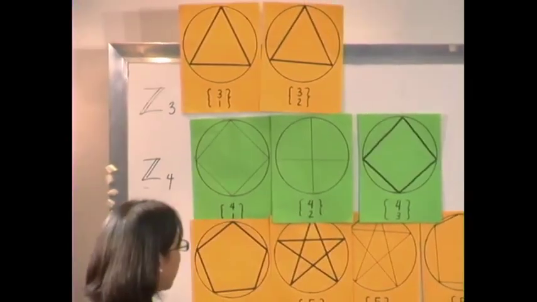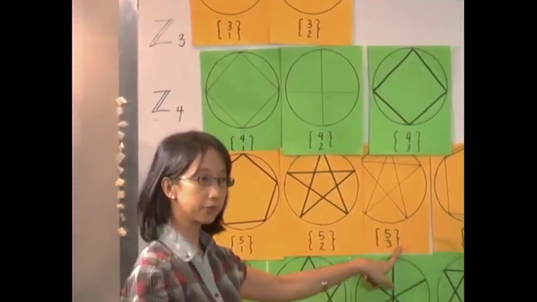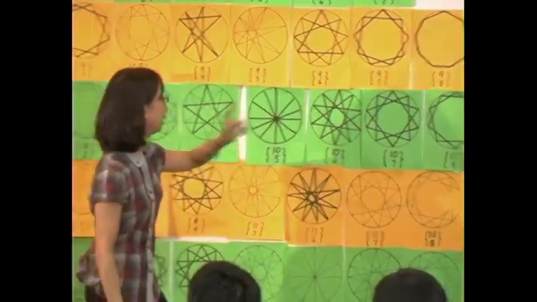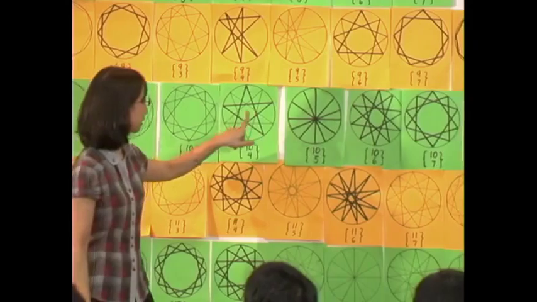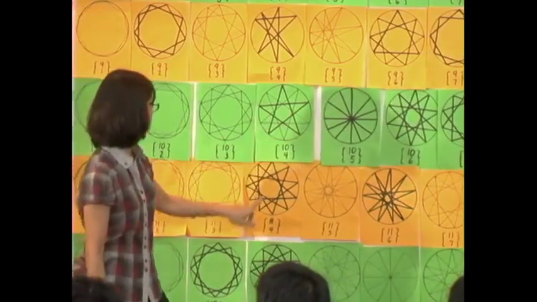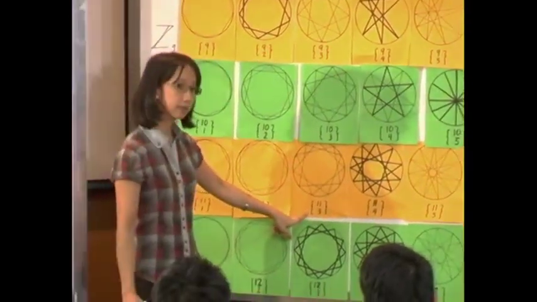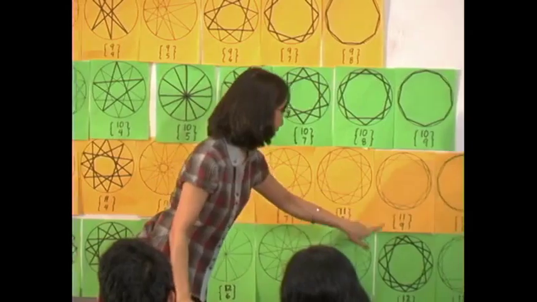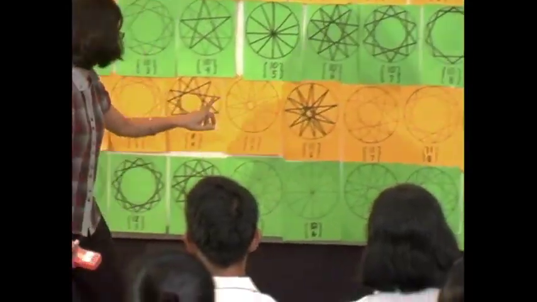What can you say about 5-2 and 5-3? 6-2 and 6-4. Here, 10-2 and 10-8, all right? 10-6 and 10-4. Here, 11-3 and 11-8. All right. Here, 12-9 and 12-3.